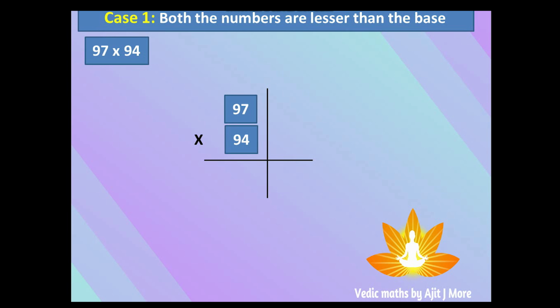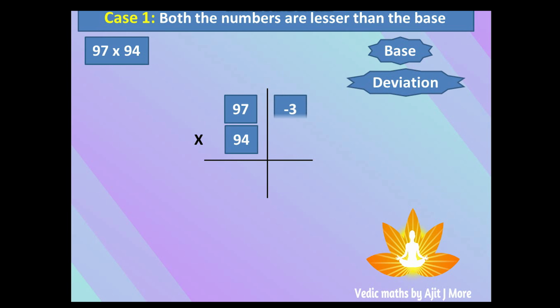Now the second step is to find out the deviation. 97 is 3 lesser than 100 and 94 is 6 lesser than 100.